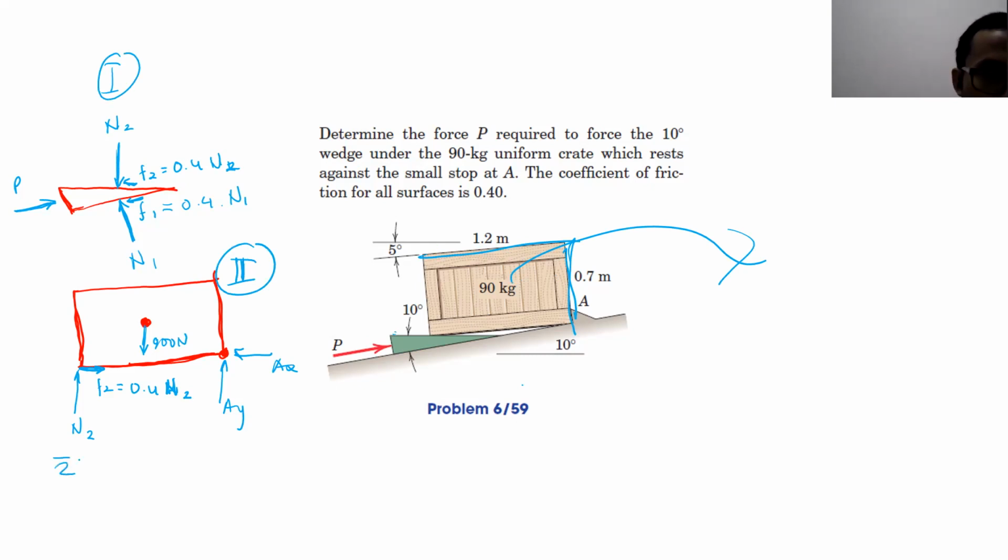The first equation is sigma Fx equal to 0. Sigma Fy equals 0 will be the second equation, and the last one will be sigma moment equal to 0. Why sigma moment? Because there is a height of the crate and the length of the crate as well there. And all the distance, we know the distance there. Do you get it, Adam? Yes, sir.